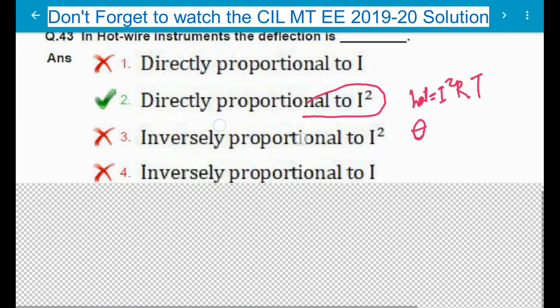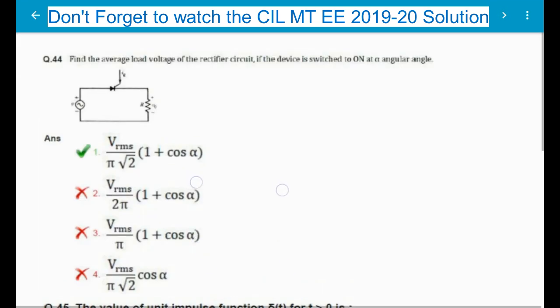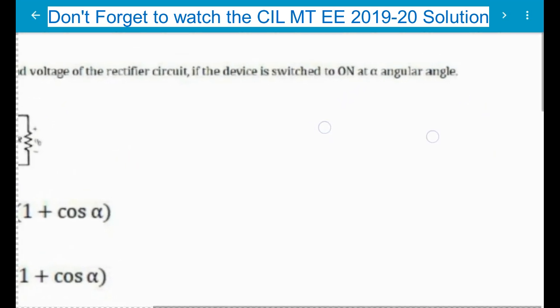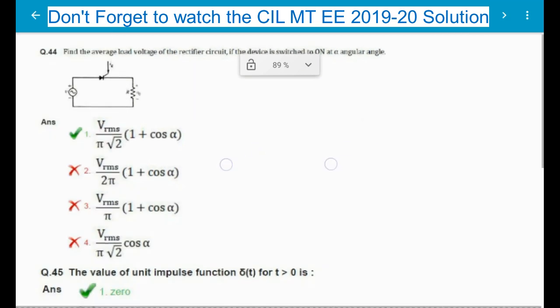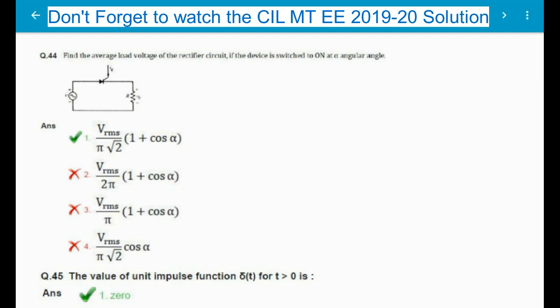Next question, question number 44. Find the average load voltage of the rectifier circuit if the device is switched on at alpha angle. Here it is directly given; it asks to write the formula.